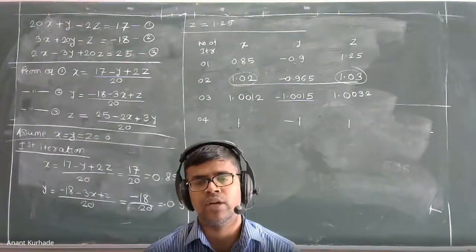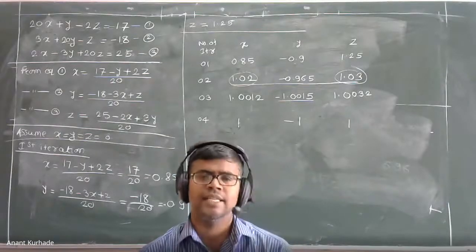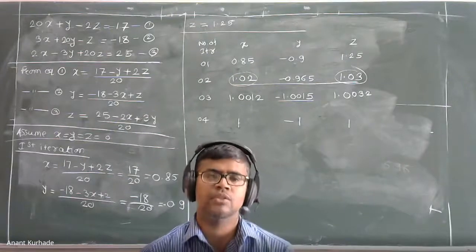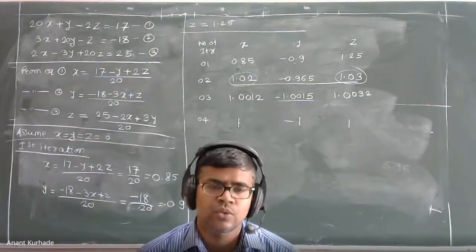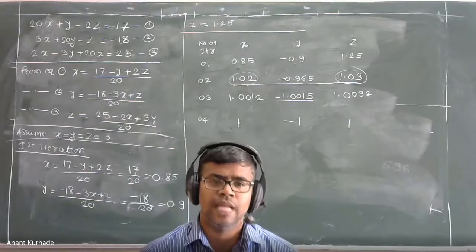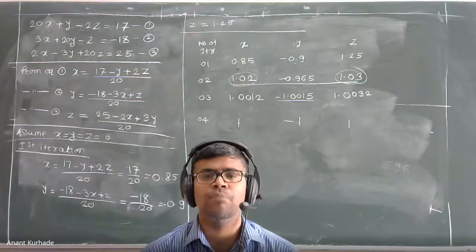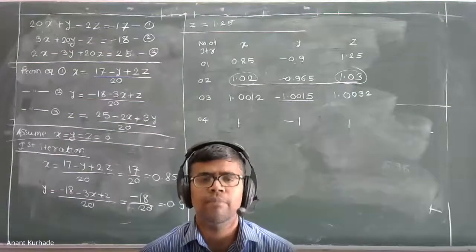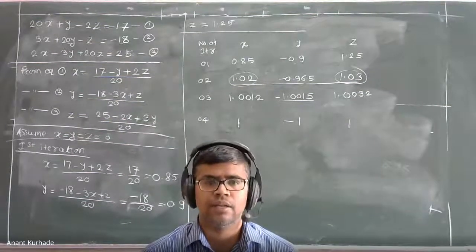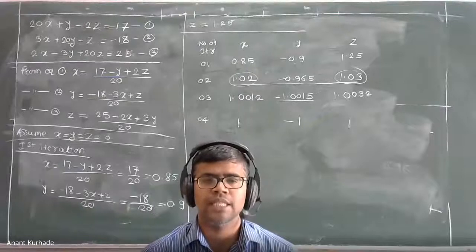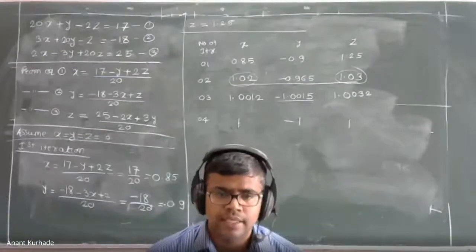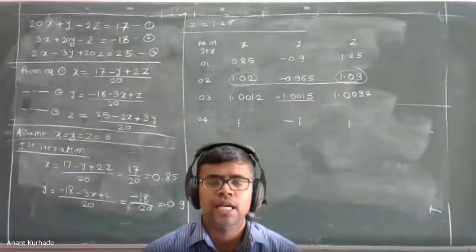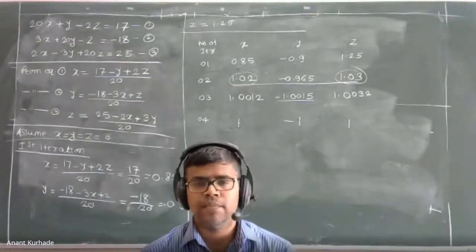If the pivot element, the element in the first row and first column, is 0, then we cannot solve that problem by using the Gauss elimination method.